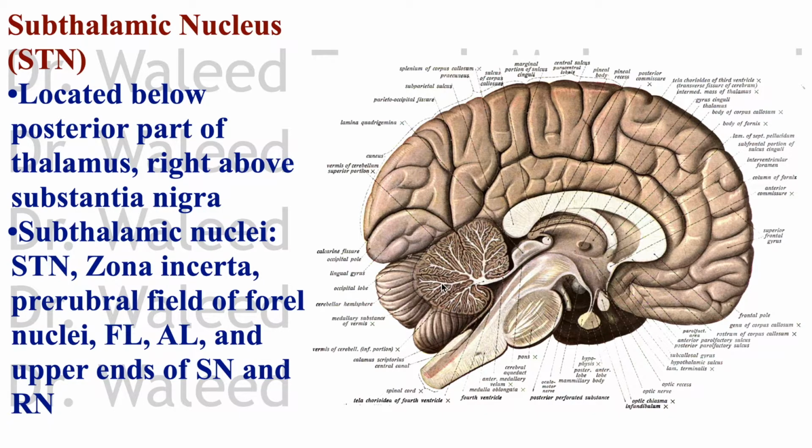The subthalamic nuclei are composed of the subthalamic nucleus, a nucleus called the zona incerta, the prerubral field of Forel nuclei, the fasciculus lenticularis and ansa lenticularis, and the upper ends of the substantia nigra and the red nucleus. All these form the subthalamic nuclei, and the subthalamic nucleus is part of these nuclei. It's this region here. This is the subthalamus.